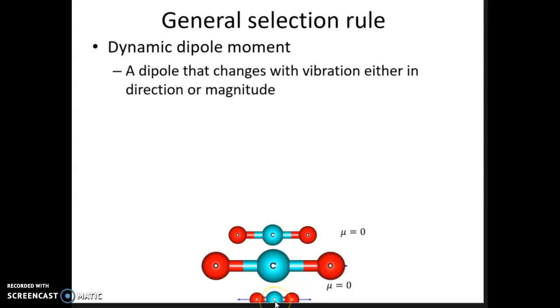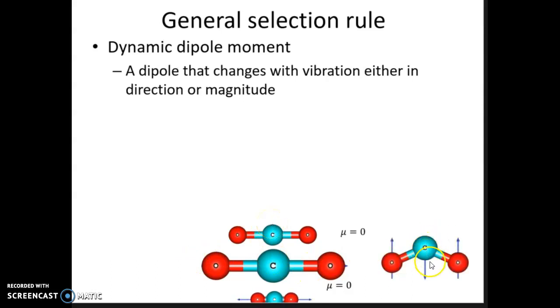The two bonds stretch out simultaneously and compress simultaneously. The dipole moment is still 0 because it cancels out. In such a situation, this vibrational stretch is not observed in IR spectroscopy.